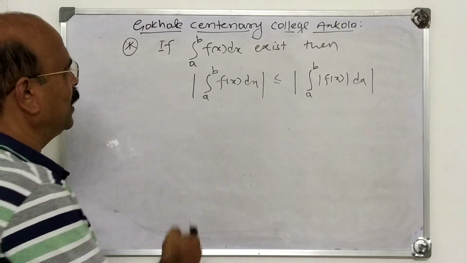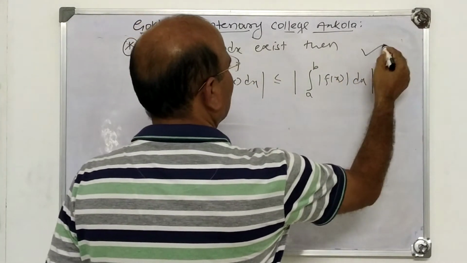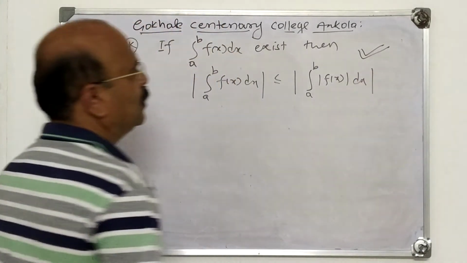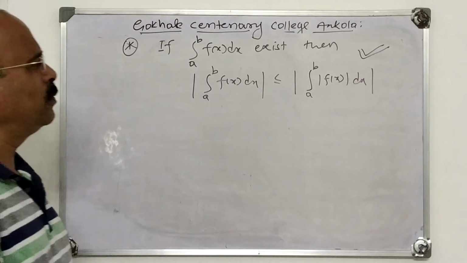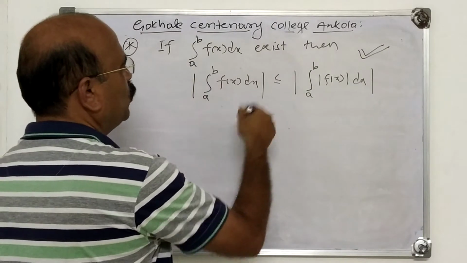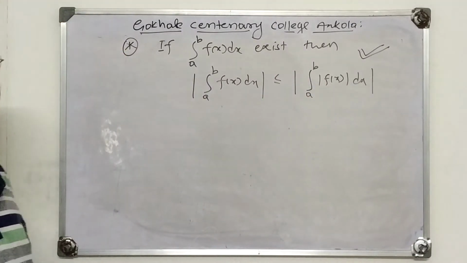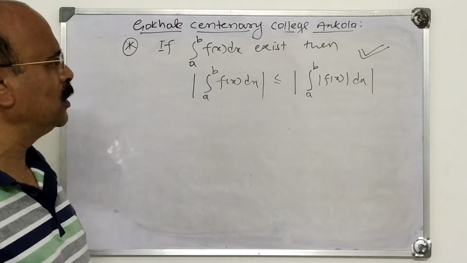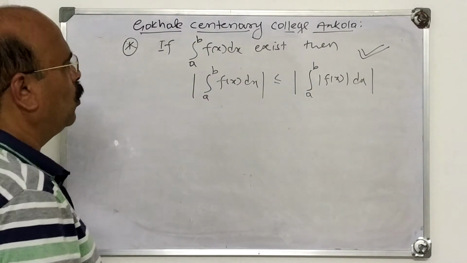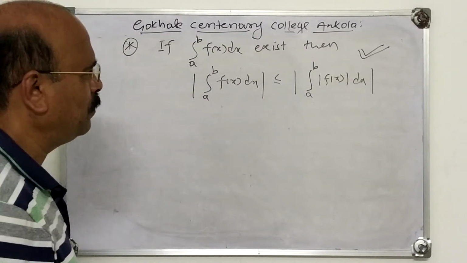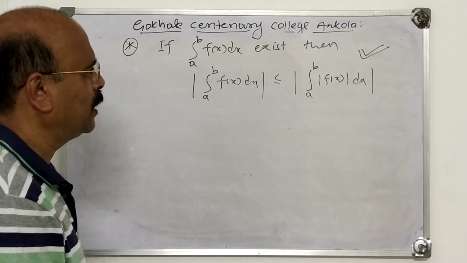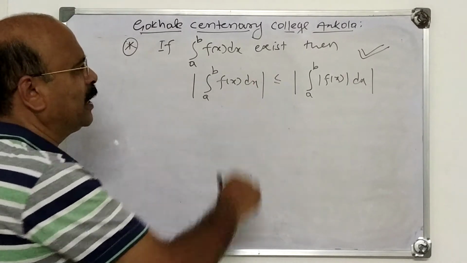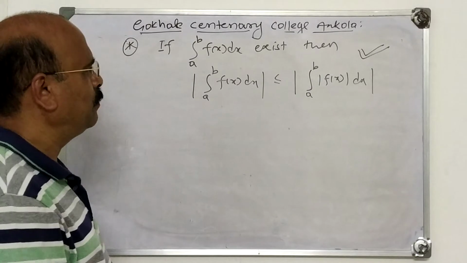So the result is like this, but this result is very important. The proof may be asked, or we use this result while studying further Riemann integration. We may also use this, if I remember correctly, in complex integration; we use this inequality there too.